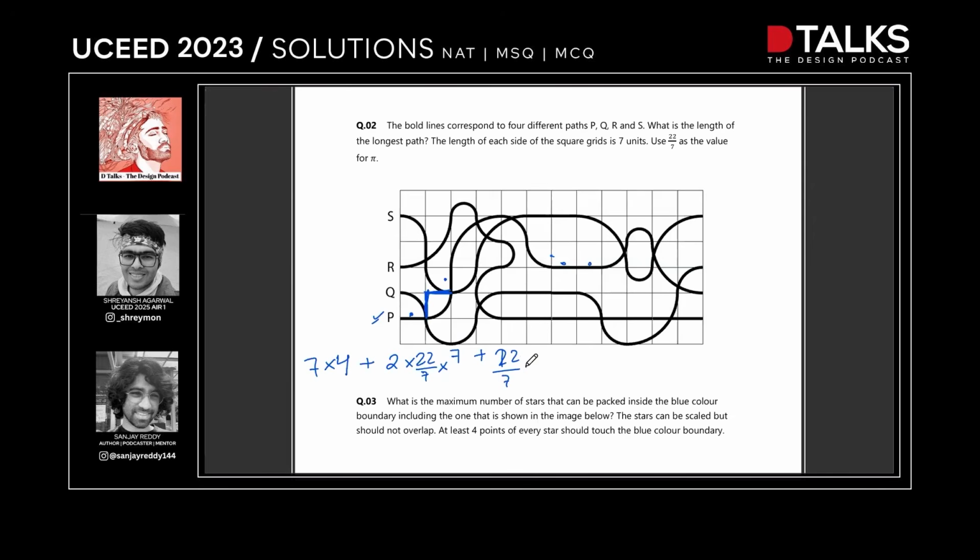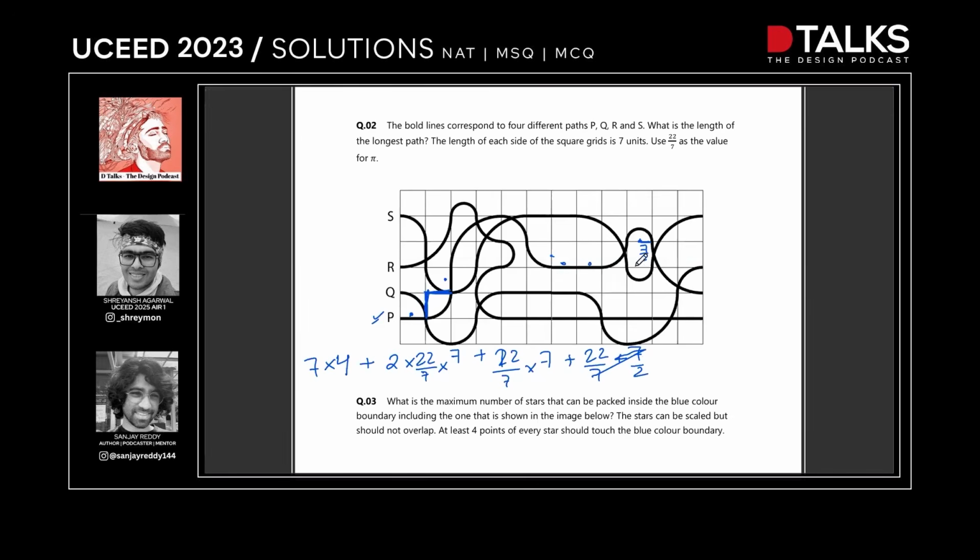That's 22 by 7 times 7 plus, have we left anything? Yes, we left this particular smaller piece. The radius for this is 7 by 2, and it's a semicircle. So again, pi r, 22 by 7 times 7 by 2.